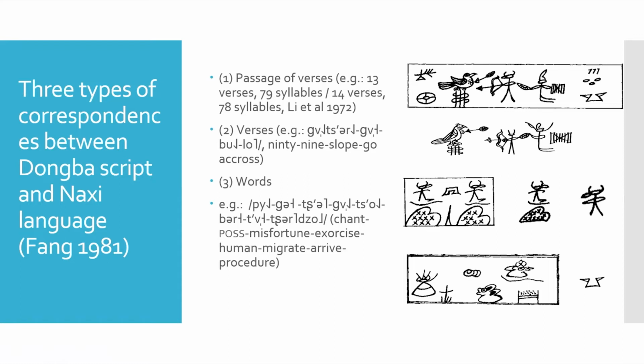And even if they can introduce different units of language, each glyph in fact has its corresponding word. Therefore, from the perspective of the function of this writing system, it is logographic.